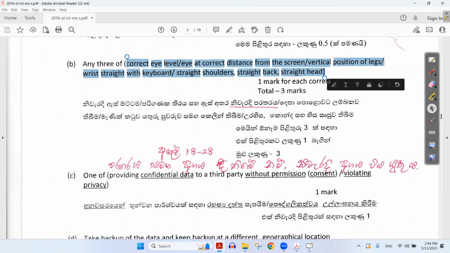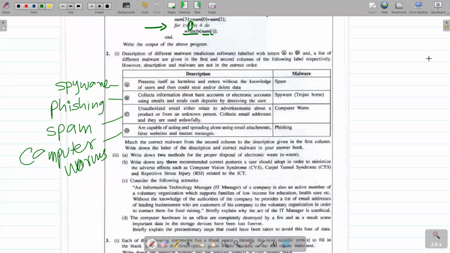Right. Then the part C. The question is, consider the following scenario. Right?